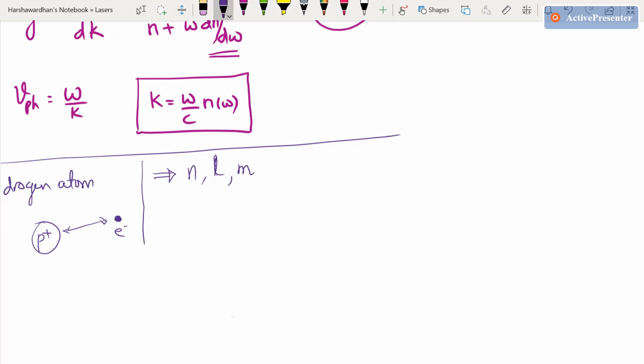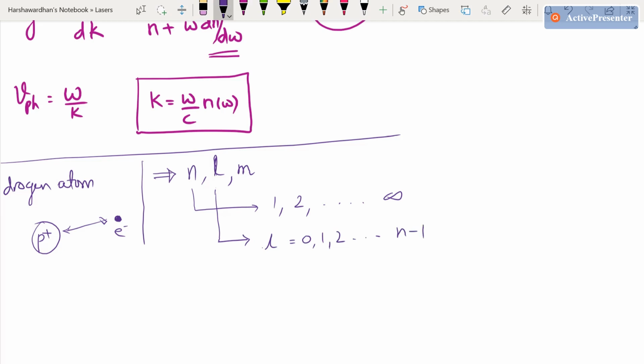The principal quantum number n varies from 1, 2, 3, and so on, taking integer values all the way to infinity, and L, in contrast, can take values from 0, 1, 2, and so on till n minus 1.